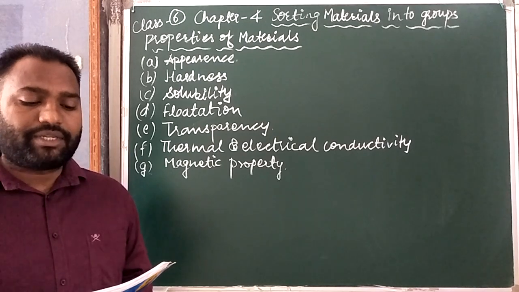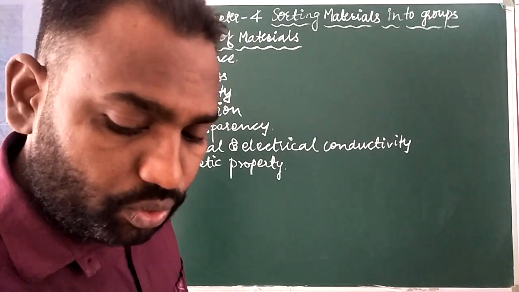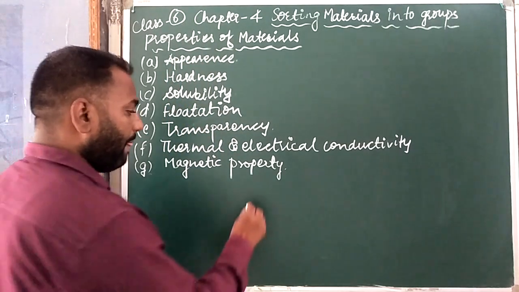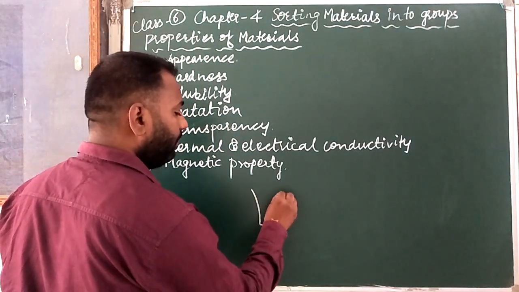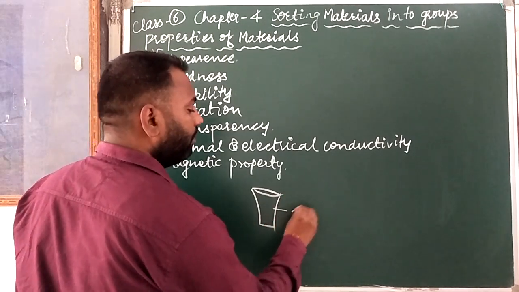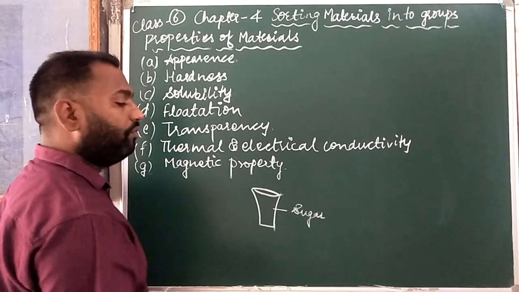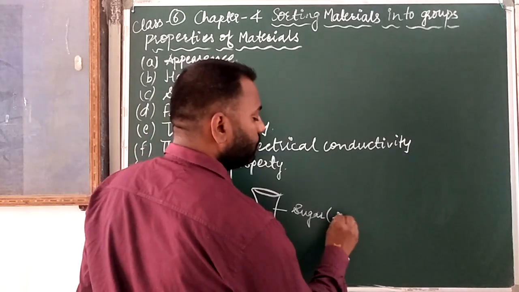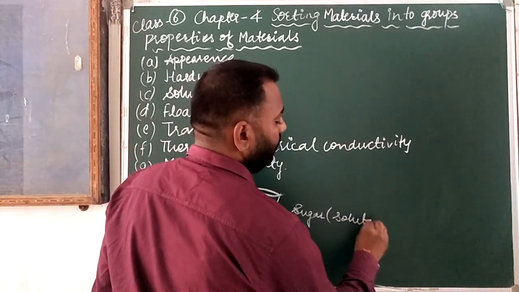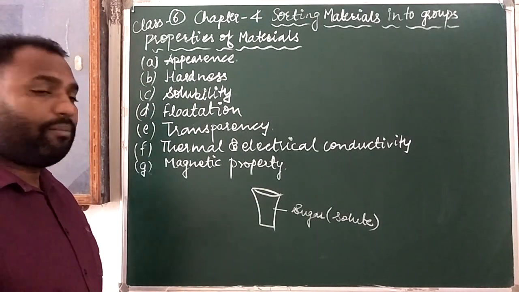If we have two things in a glass of water, sugar, which dissolves in water, is known as the solute. It is the one present in the minimum quantity.